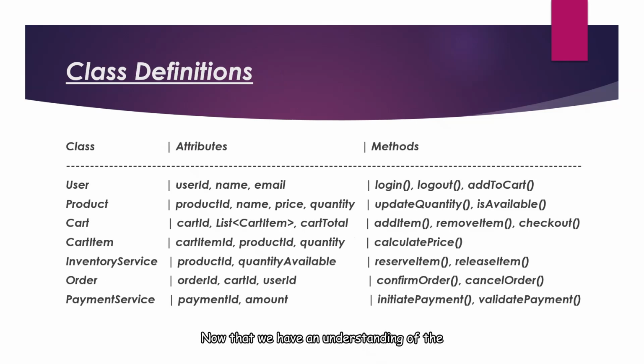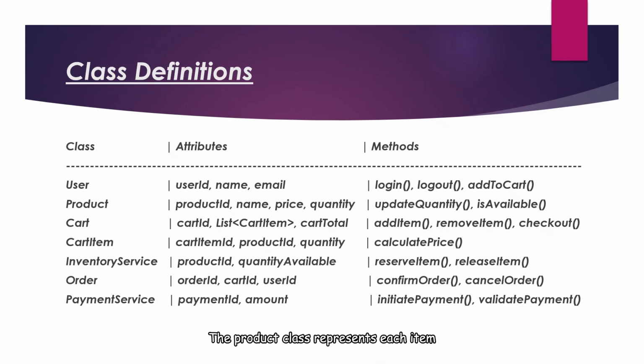Now that we have an understanding of the components, let's take a closer look at these class definitions. The user class will typically store user-specific information like their ID, name, email, and address, along with methods for actions such as logging in, logging out, and adding or removing items to or from the cart.